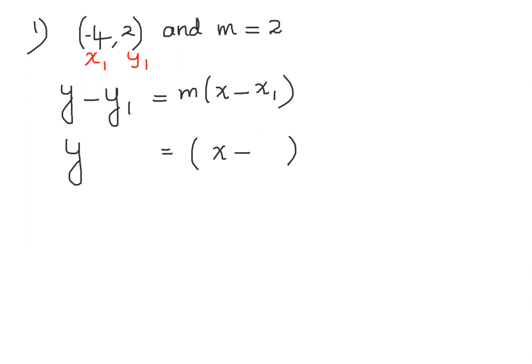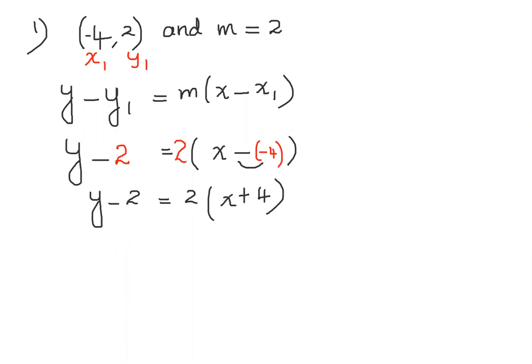Here, y1 is 2, m is 2, and x1 is -4. Again, be careful with more than one negative sign. So we have y minus 2 equals 2 times x plus 4, since negative becomes positive. Now distribute the 2.